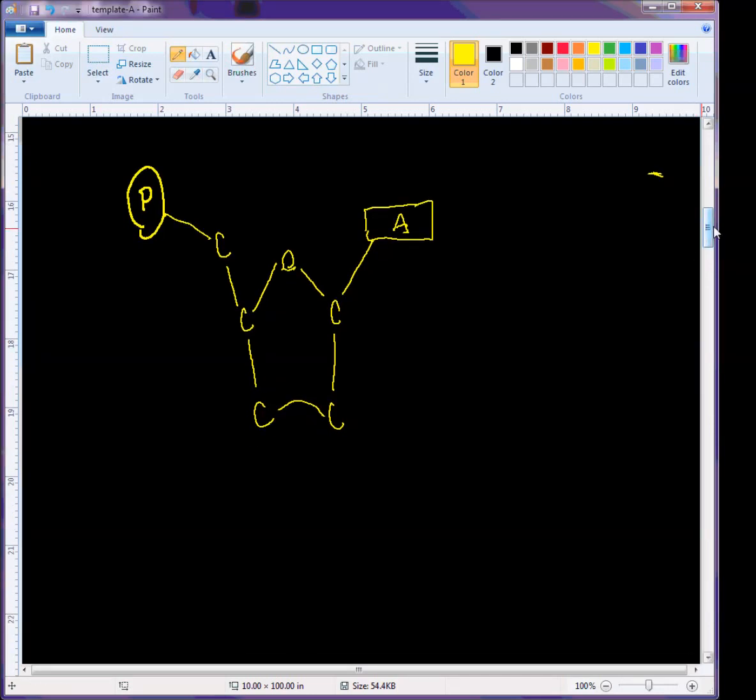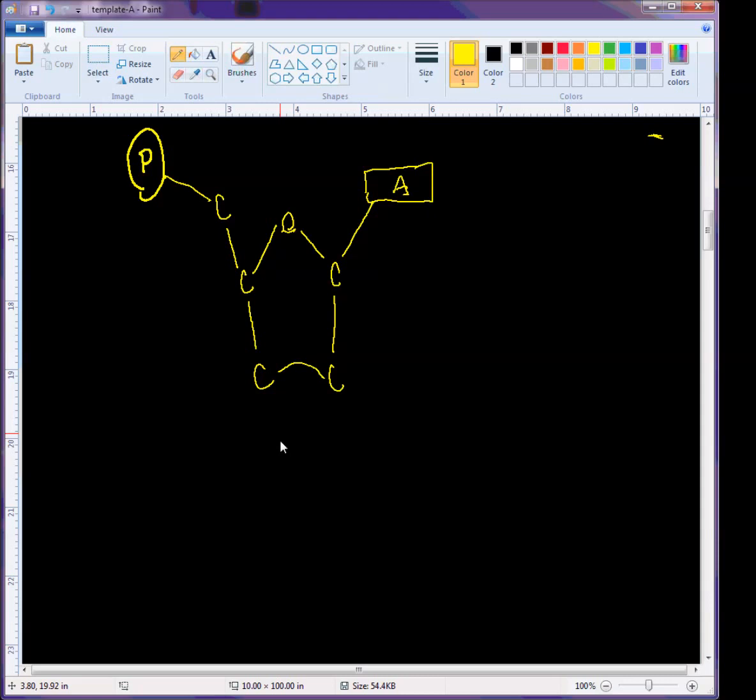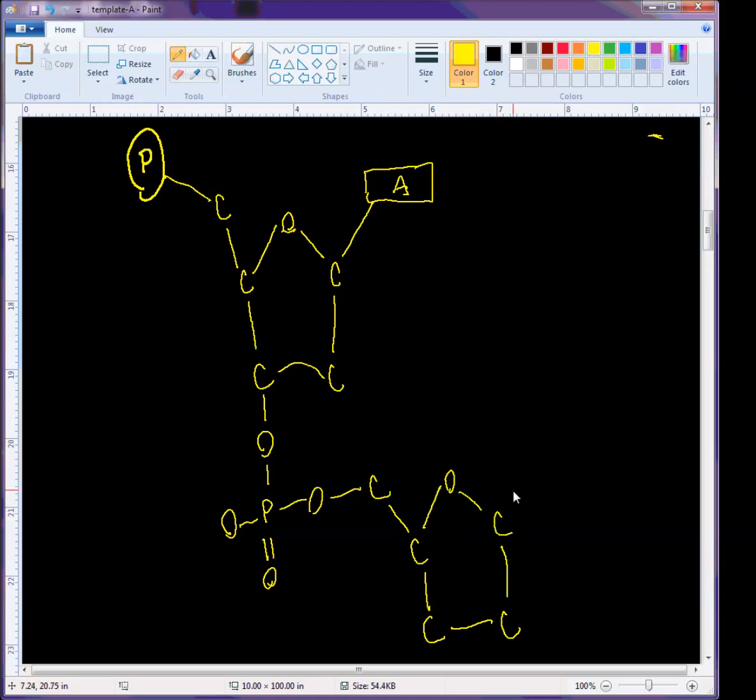Our next one is going to be attached now through a phosphodiester linkage here. And I'm going to draw a little more detail than they have in the book. Five prime carbon here. 4, 3, 2, 1. Roof of the house there.